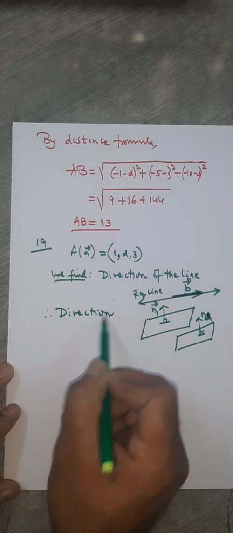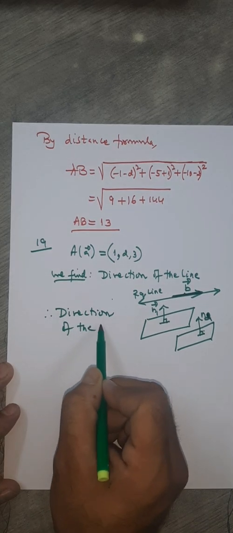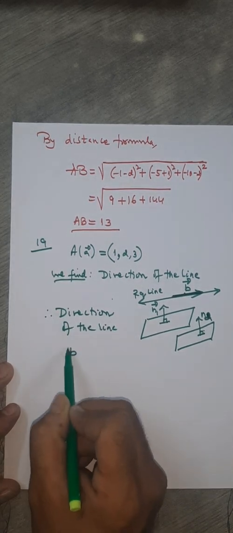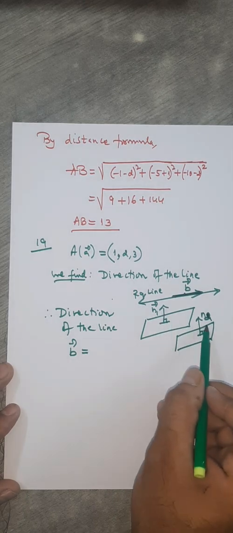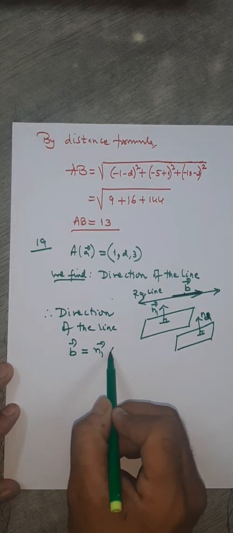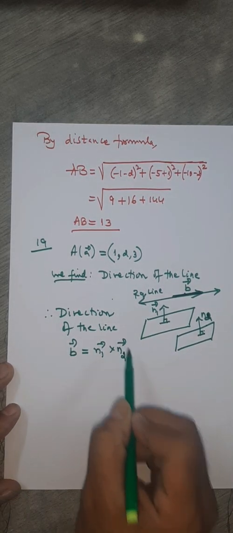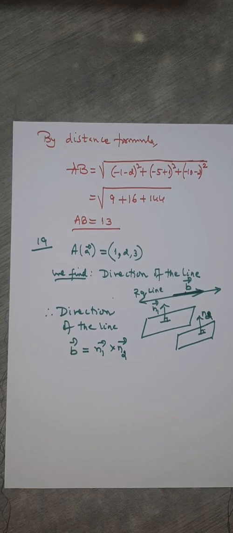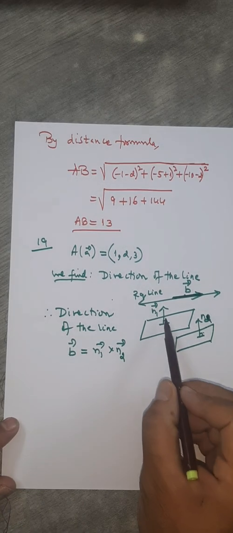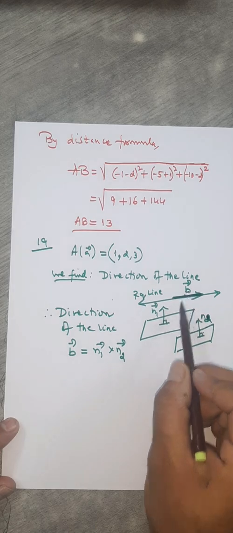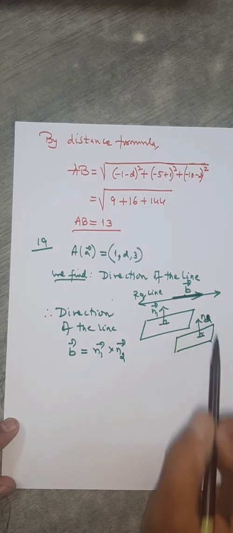Direction of the line, that is vector B, perpendicular to both means what? Perpendicular to both means cross product of their normals, as we discussed earlier. When you are talking about perpendicular to two vectors, always you need to take the cross product. So direction of the line must be cross product of these two normals.